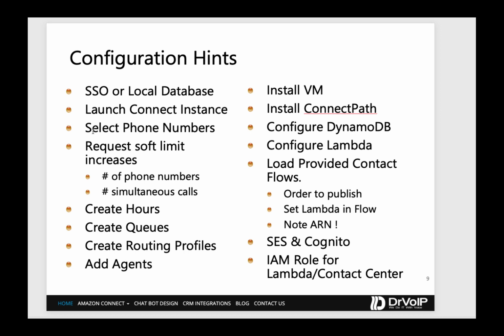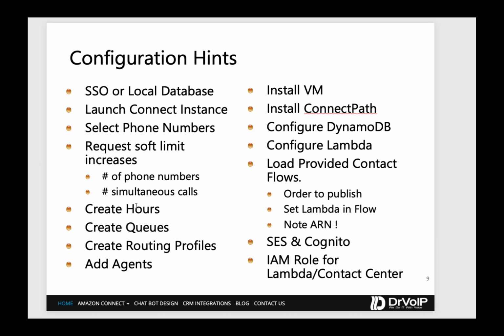I like to do warm ports, which means I'll use the telephone numbers that AWS gives us, and then I will forward my main business number to those numbers and start the porting process. And when they're ultimately ported over, then there's no call forwarding involved and not much work to make use of those numbers.